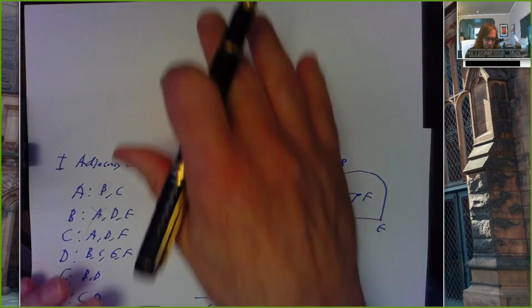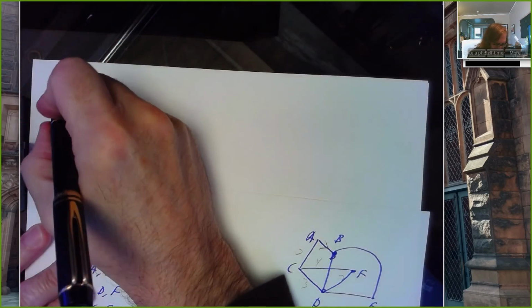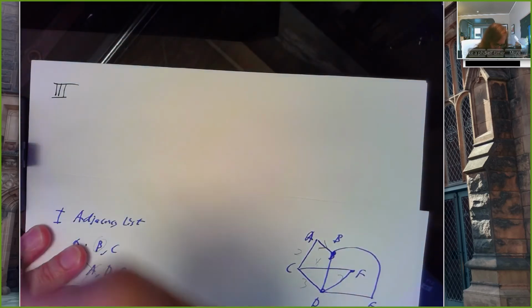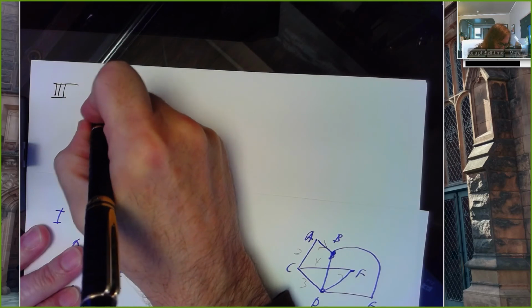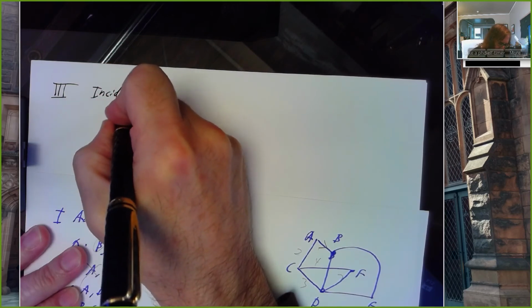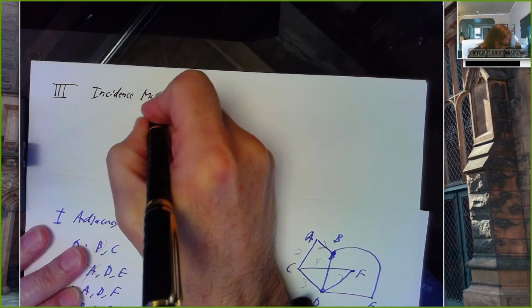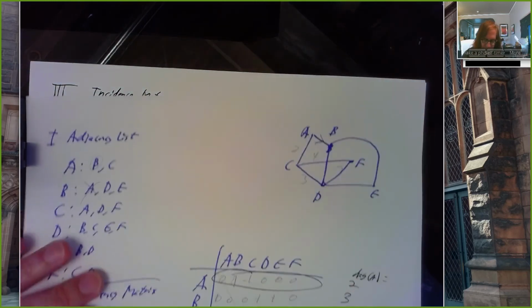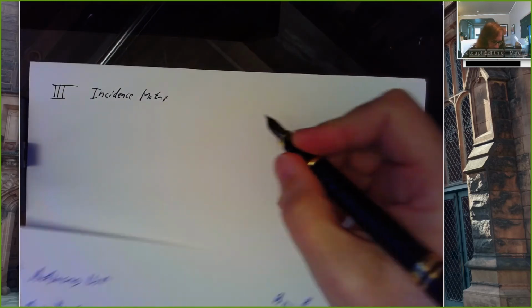All right, there's another way to represent these things inside a computer. This is an incidence matrix. So let's label these. Let me just make a new graph.